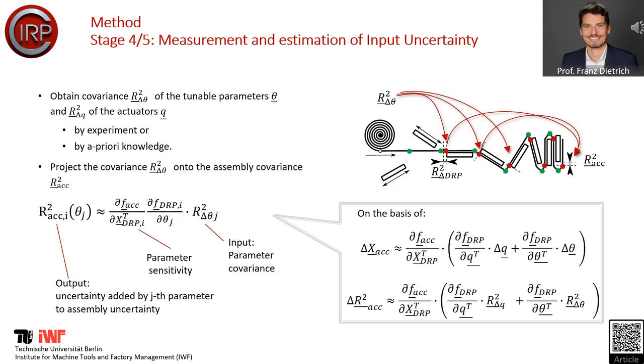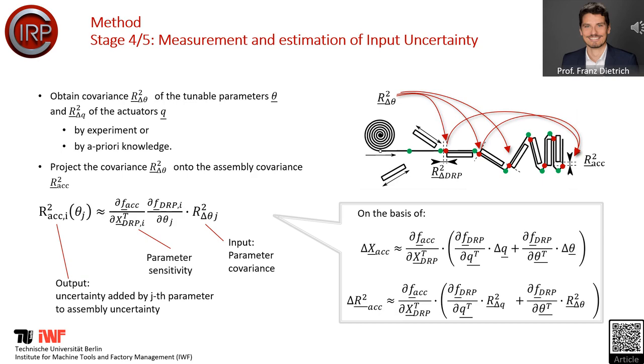The first is to multiply the covariances individually and then sum them up on the accuracy variable. The second strategy is to use a Monte Carlo simulation of stochastically distributed input combinations and then to model the output deviation distribution.